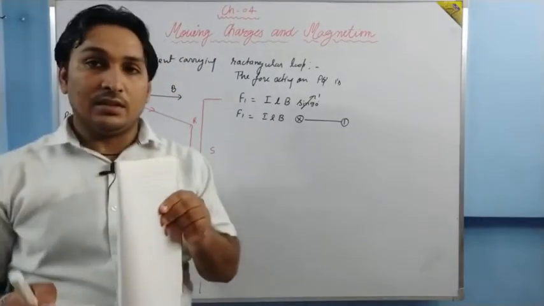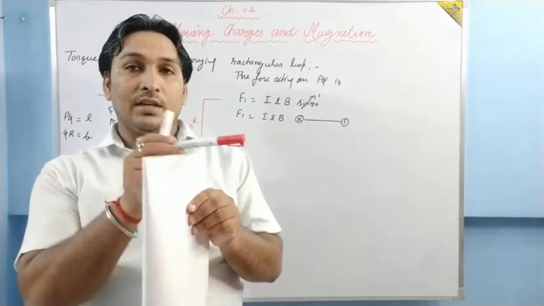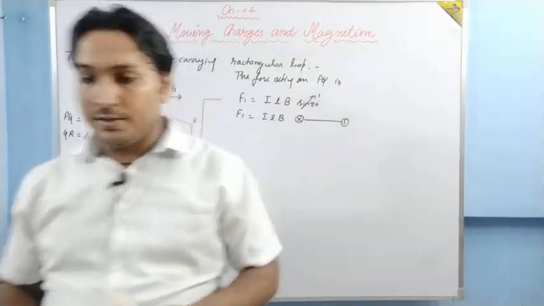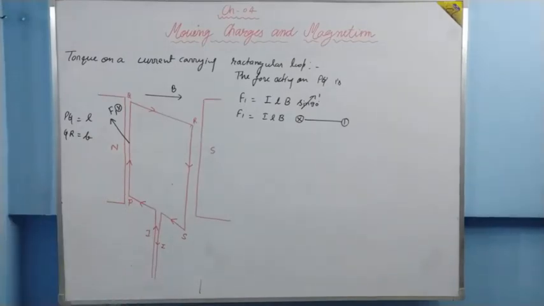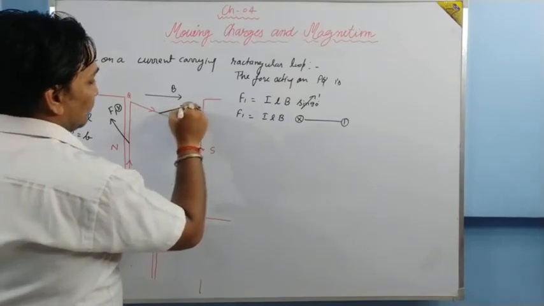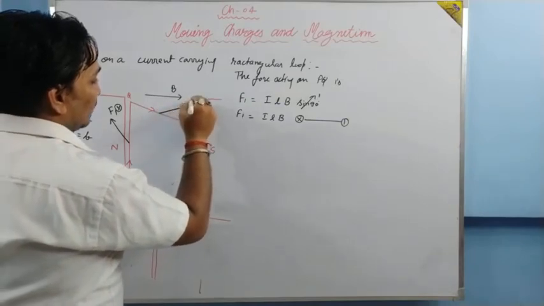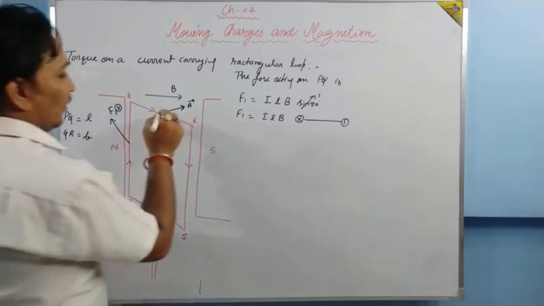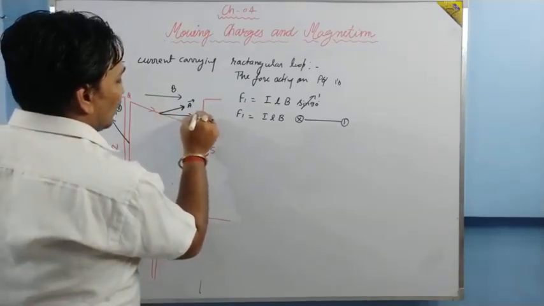Suppose the area vector is kept like this. Its area vector is perpendicular outward, in this direction. Direction of magnetic field is this way.